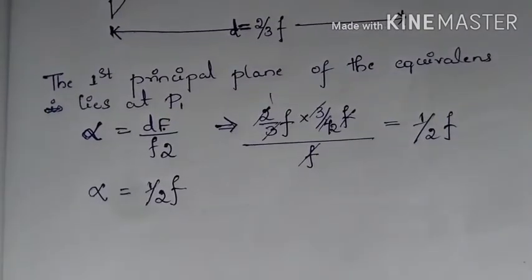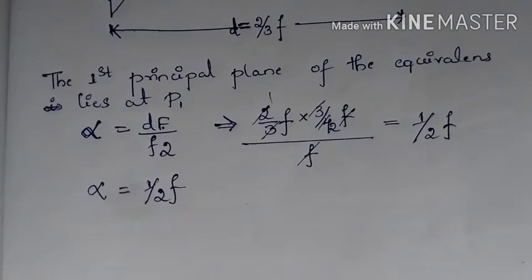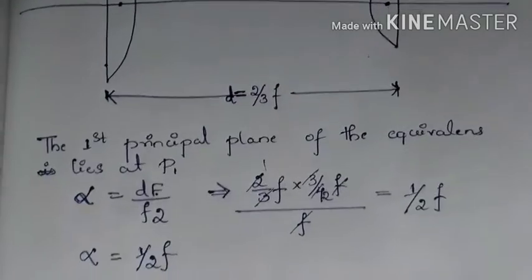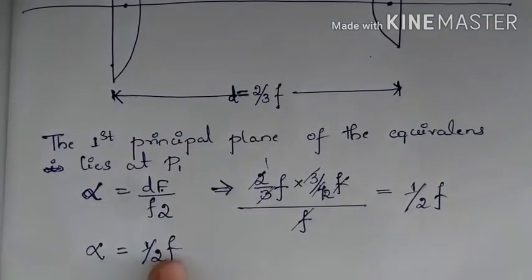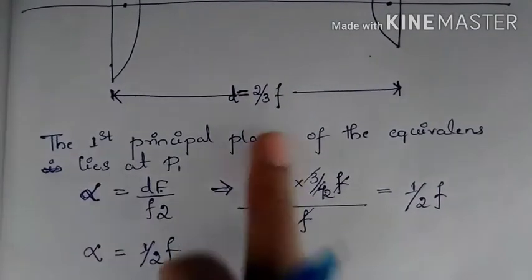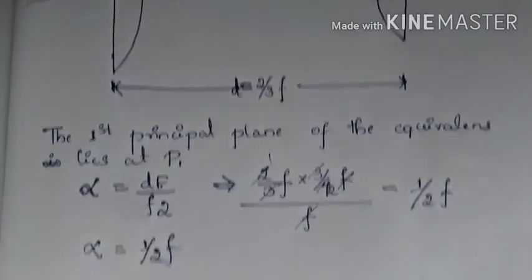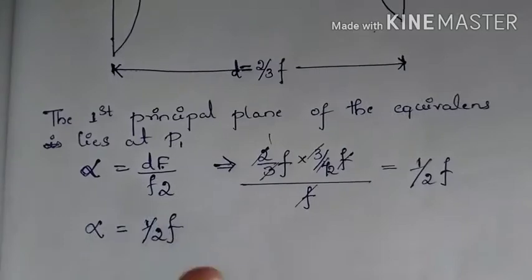So this alpha or the first principal plane is placed at 1/2 f. So here you have positive 1/2 f. So 2/3 is somewhere around 0.66. So if you take 1/2 f, it is 0.5.